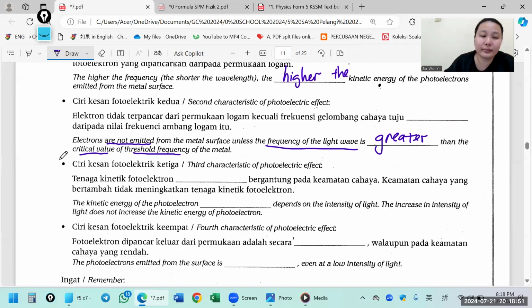Threshold frequency means the minimum frequency of the metal to release the electron, called threshold frequency. We also use f naught as the symbol.